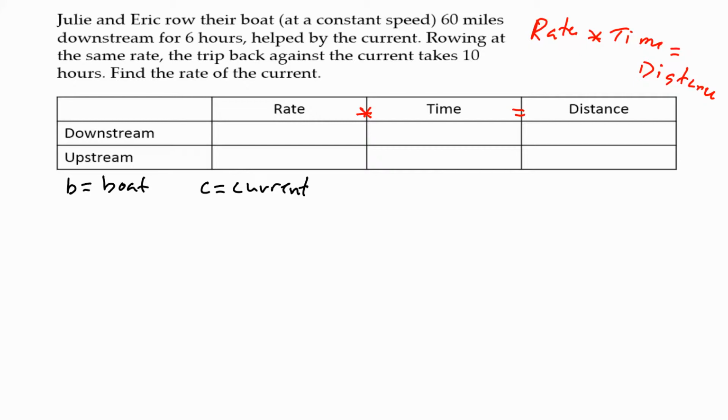Now, if they're going downstream, the current is going to work with them. It's going to actually add to their speed. So we'll get B plus C. This is a little unusual. We're going to have two unknowns, but in one column. And it took 6 hours to go downstream, and they went 60 miles.